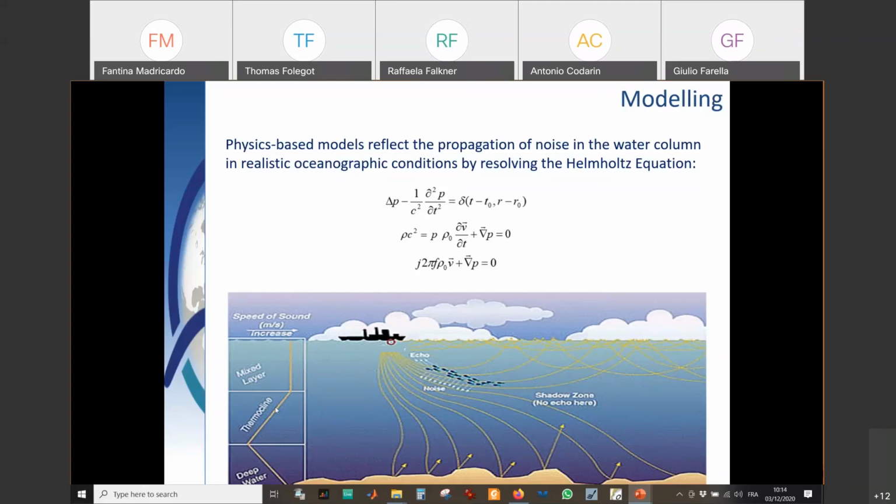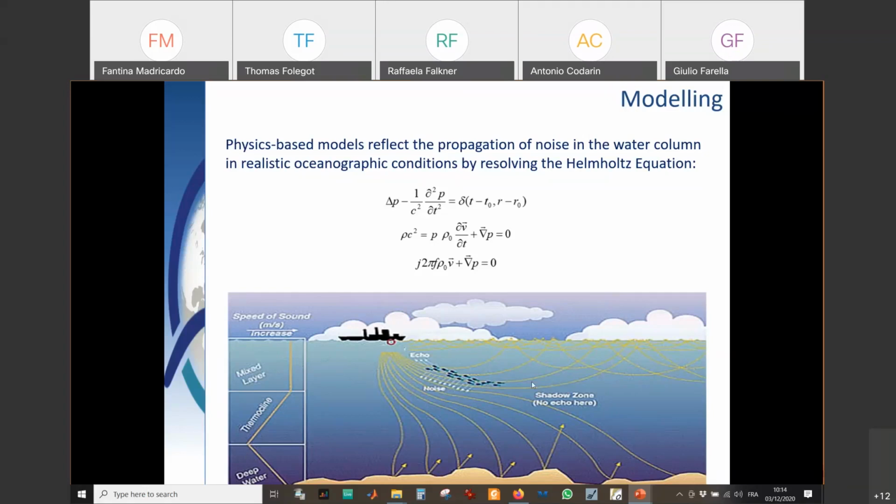So you have an area where the temperature is decreasing from the temperature on the surface, heated by the sun, to the constant temperature in deep waters. It's called a thermocline here. And this gradient is going to change the curvature of the rays of the sound.